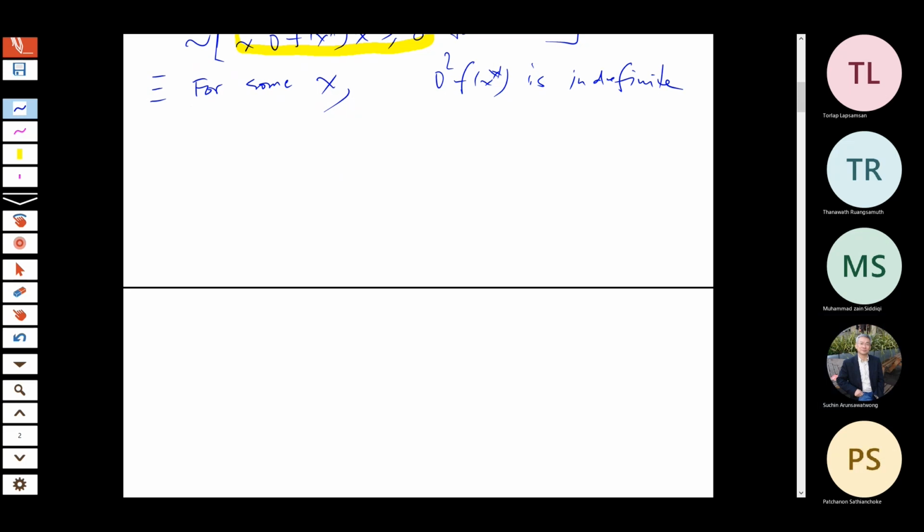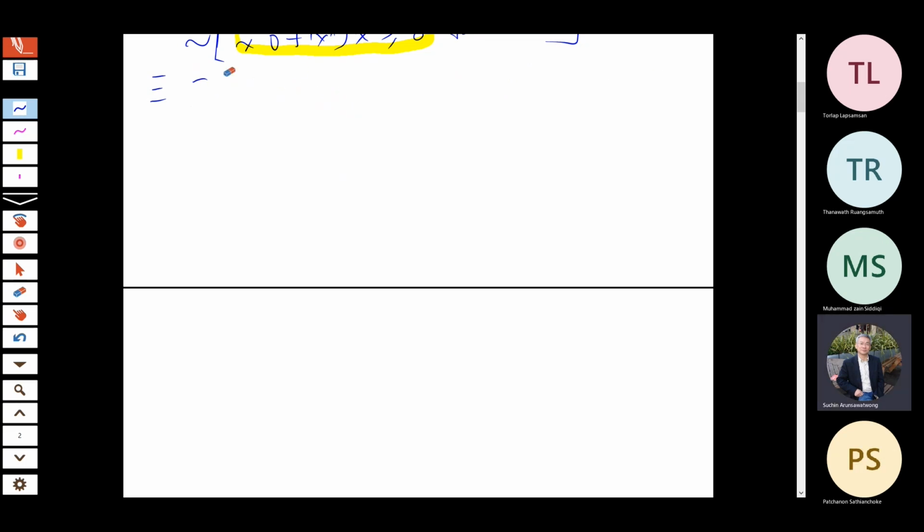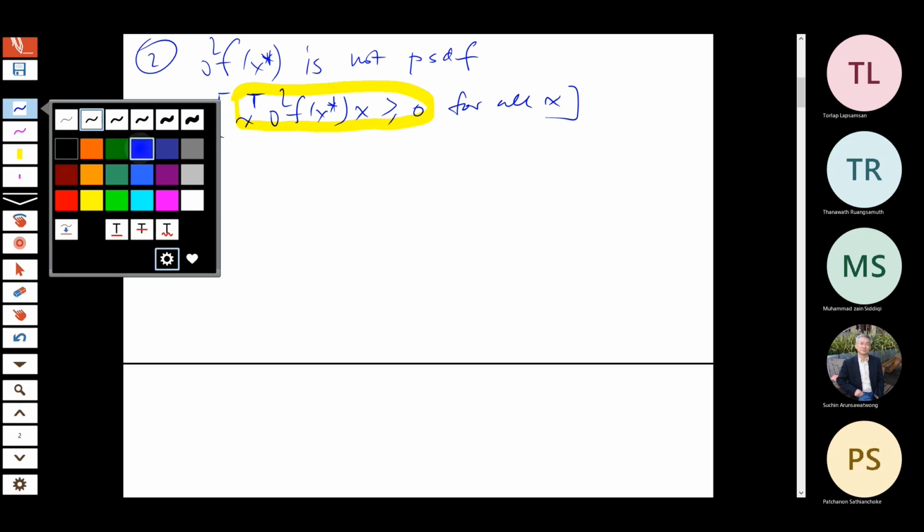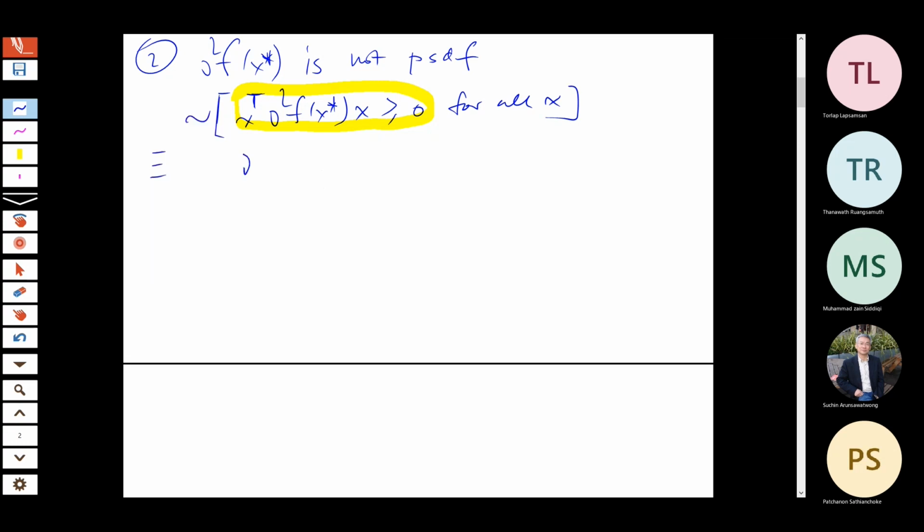For some x, that means, is equivalent to the fact that the H matrix is an indefinite matrix.